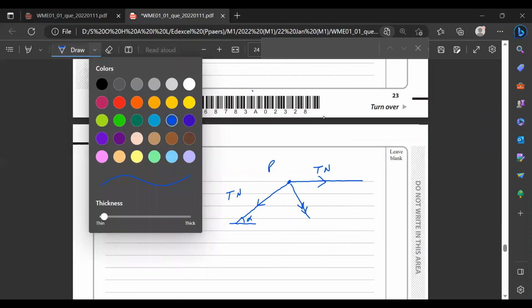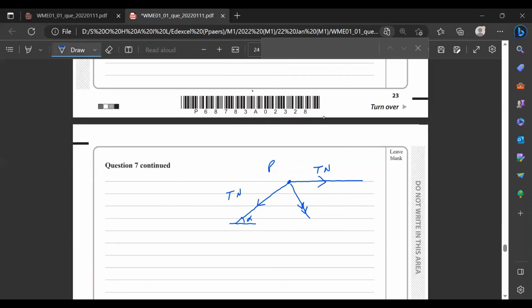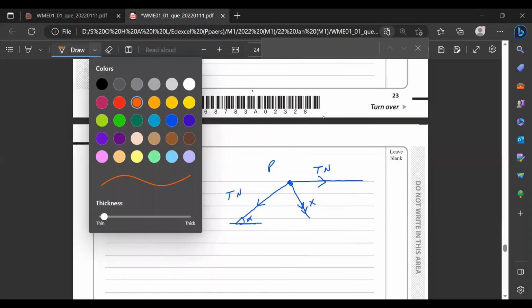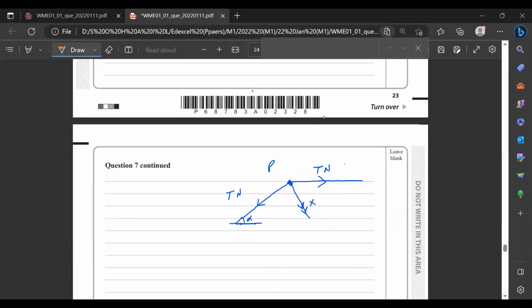One method is to find the resultant of this T and this T. By the head to tail rule, you can draw this force here.